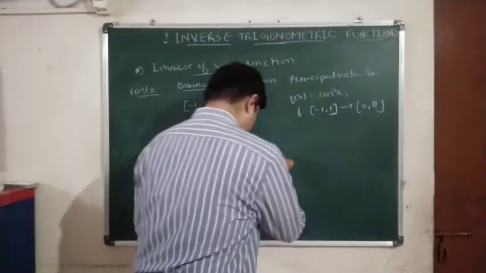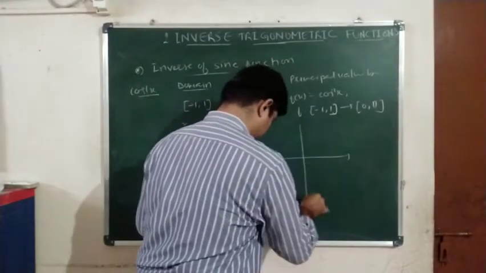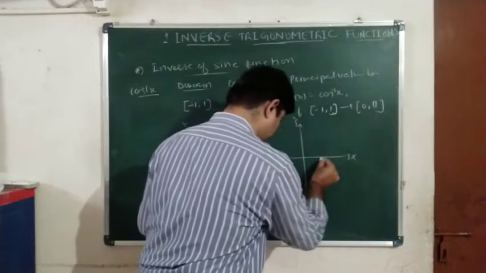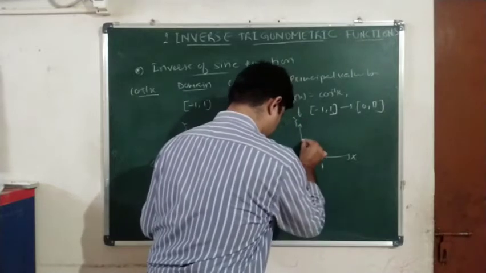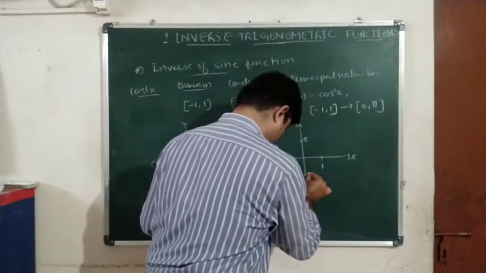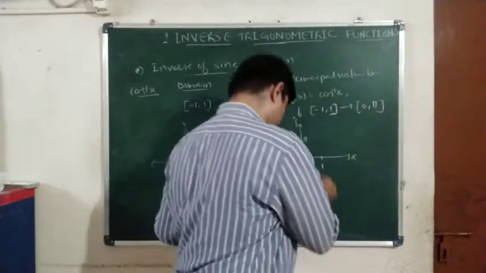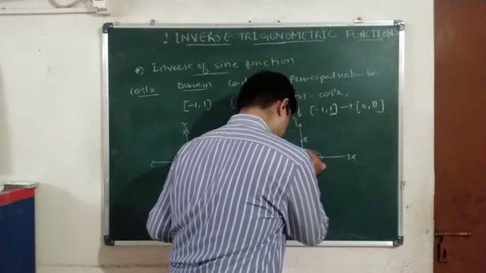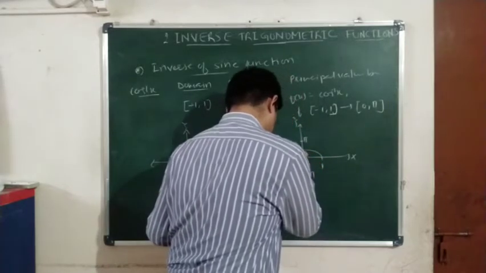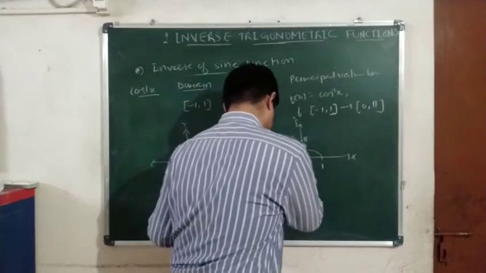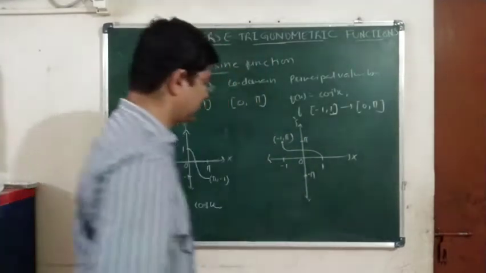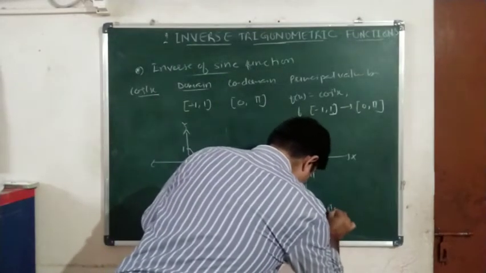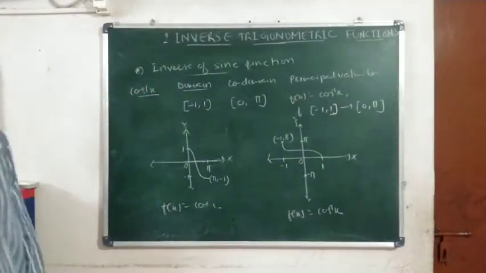Now for cos inverse x, okay, this is the graph of cos inverse x. f of x is equal to cos inverse x. Clear?